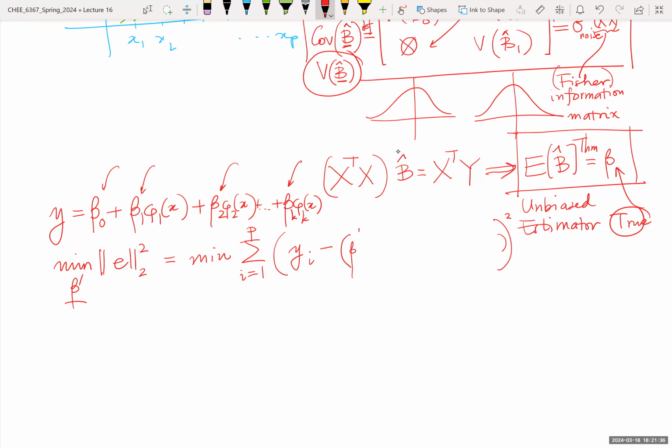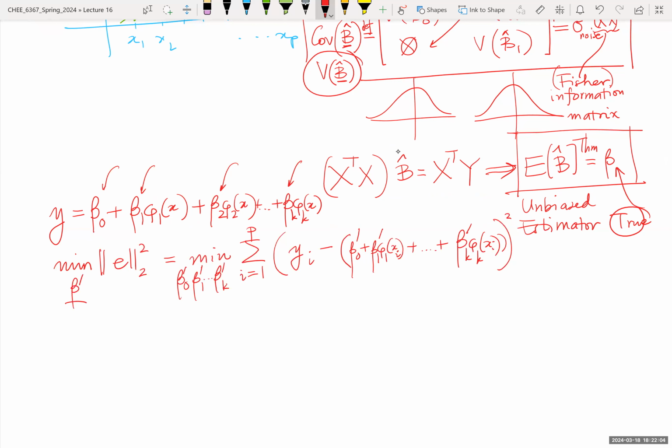So this is beta prime 0 plus beta 1 phi 1 xi at each point, plus beta k phi k xi. We try to minimize the sum of the squared errors with respect to the parameters beta 0, beta 1, all the way through beta k.